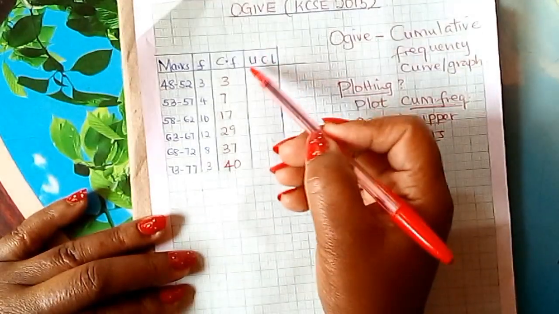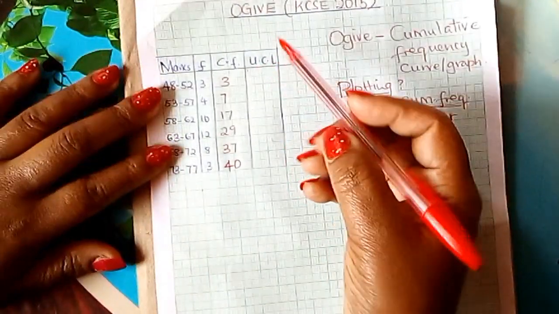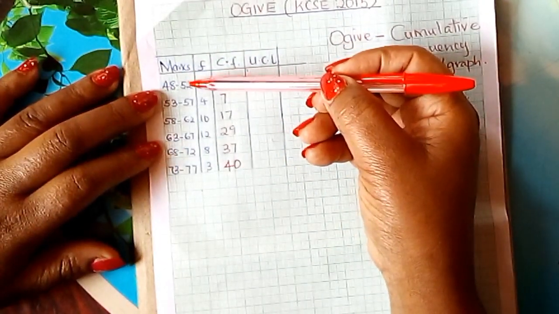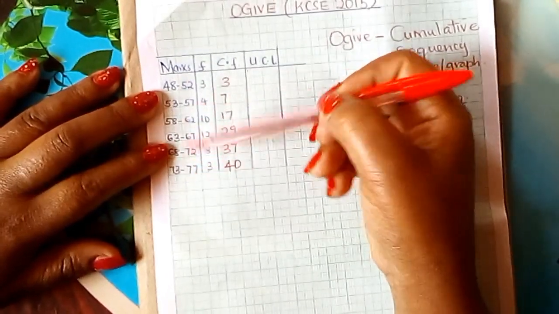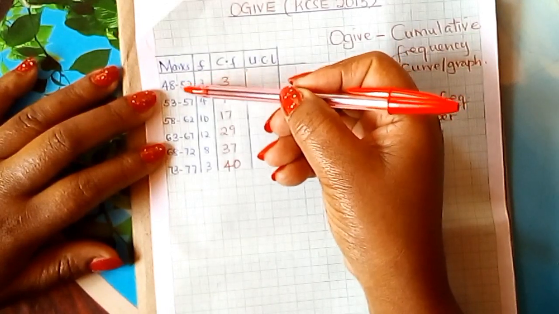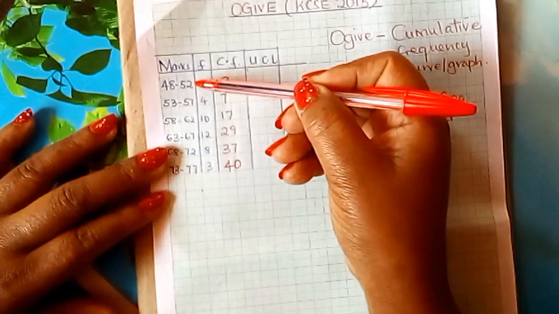We then go to the upper class limits, learner. How do you get the upper class limits? You come to the upper class boundary, the higher numbers in the classes, and you add 0.5.